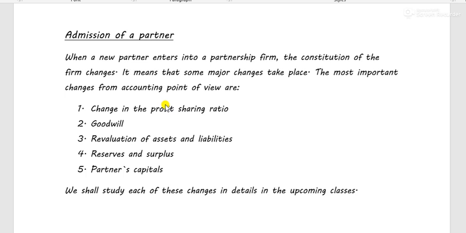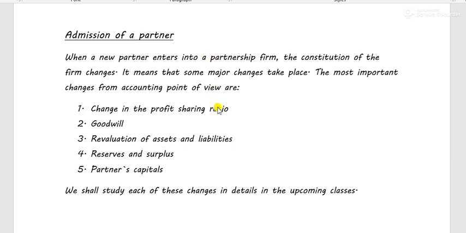Maybe it will be 33 33 33, or it may be 60 20 20. So in any and every case, some or all the partners have to sacrifice their share in order to give it to the new partner.